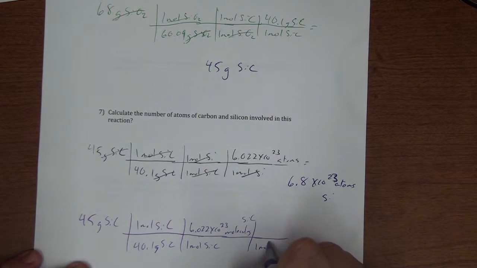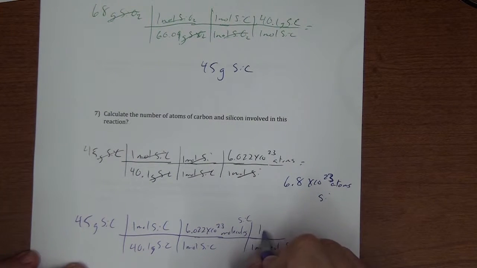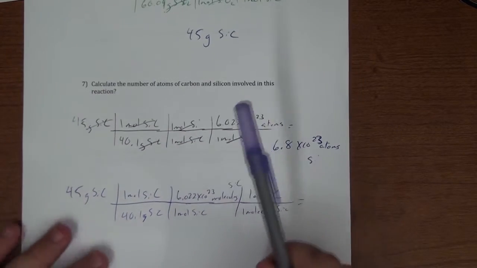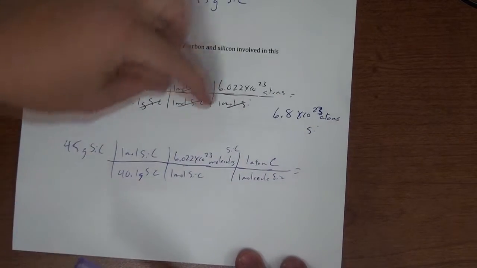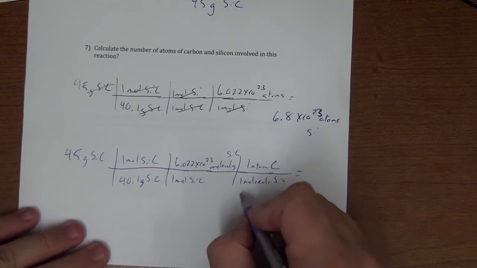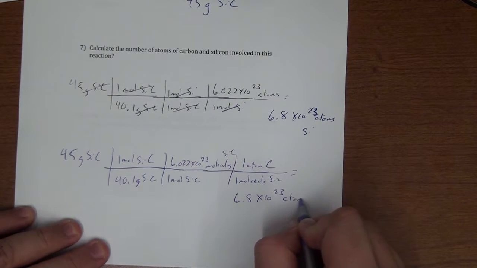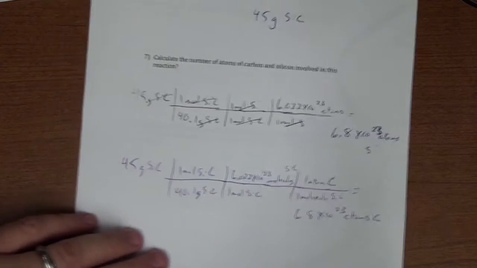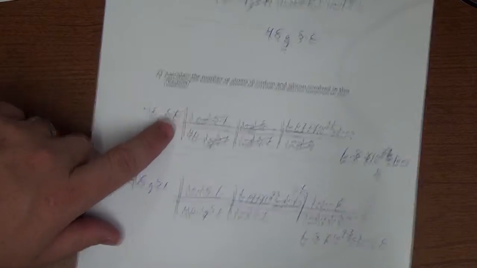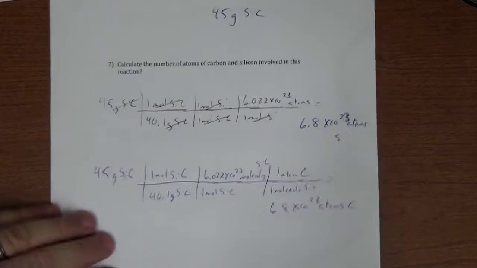And for every 1 molecule of silicon carbide, we get 1 atom of carbon. Right? So when we do this, we essentially just switch these 2. Because they're equivalent, we find that we also get 6.8 times 10 to the 23rd atoms of carbon, which makes sense because in this molecule, for every carbon we have a silicon, and for every silicon we have a carbon.